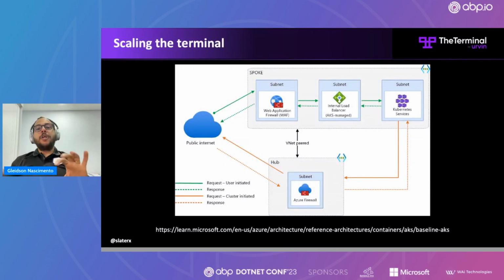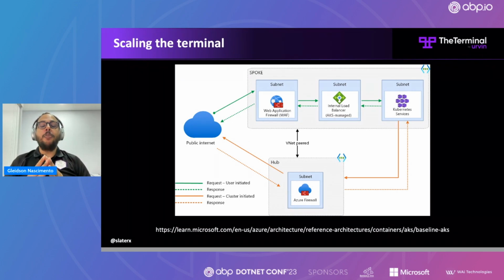So, from the reference architectures on Azure, we had to do a few updates in our infrastructure. The first one was adopting a hub-spoke pattern for our VNet and our web application firewall.